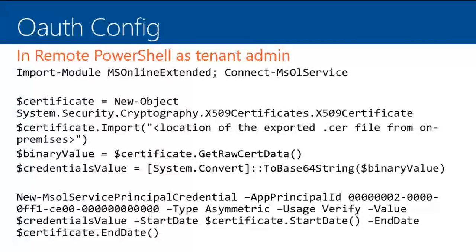Okay, so once you perform this OAuth authentication, which lets you do e-discovery seamlessly from your on-premises to your cloud, your configuration is complete. The only step that you're missing if you do not do this is e-discovery is not going to work cross-premises. But all normal functionality will continue to work.